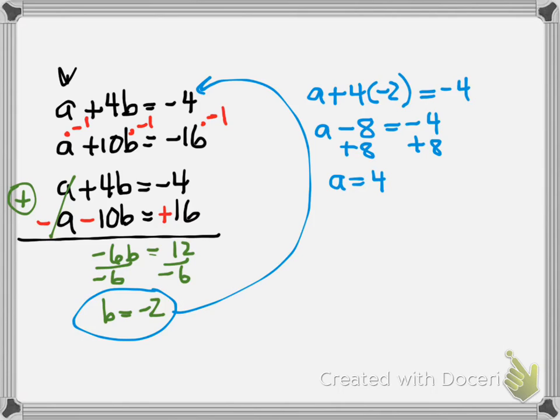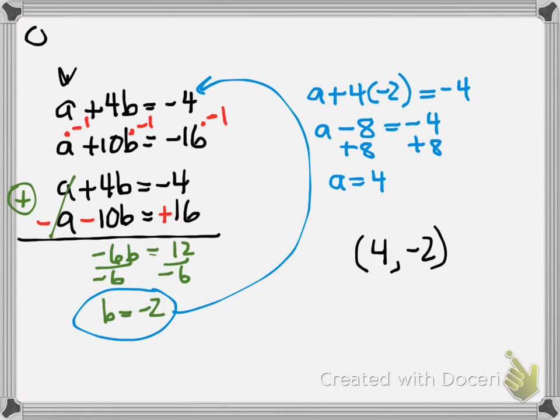So remember we talked about that when we write our answer, if it's not x's and y's, we do write it alphabetically. So the a should come first, and then the b would come second. So if you have a matching coefficient, but the signs match too, all you have to do is multiply one equation. And it doesn't have to be the bottom one. It could be the top one. It just needs to be one equation that is going to get multiplied by negative 1. And that's every term.